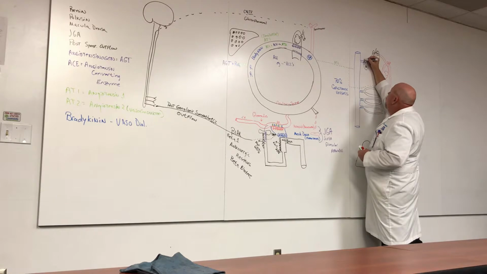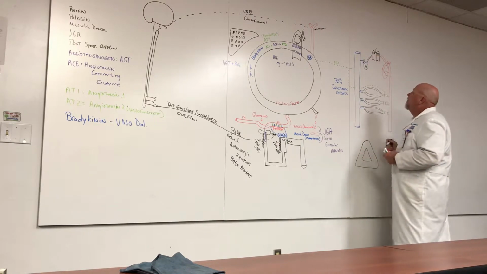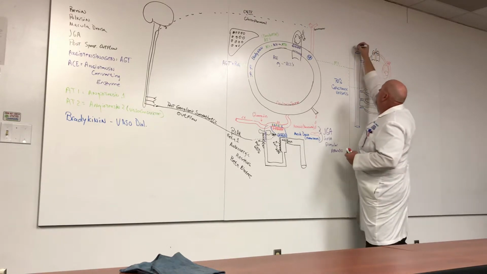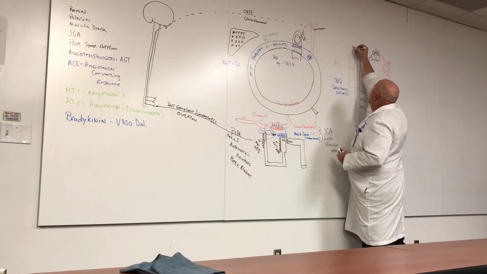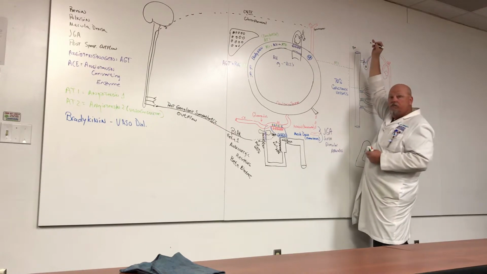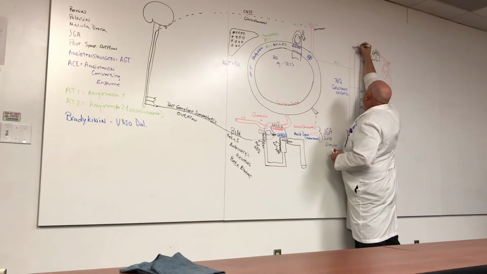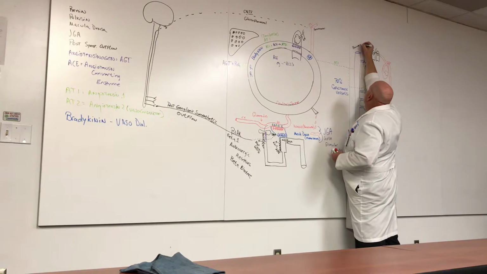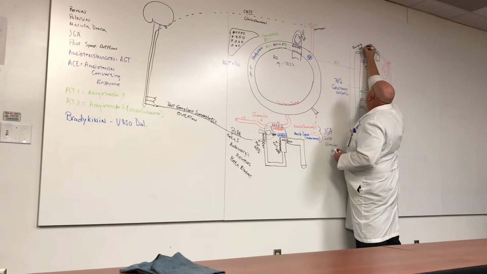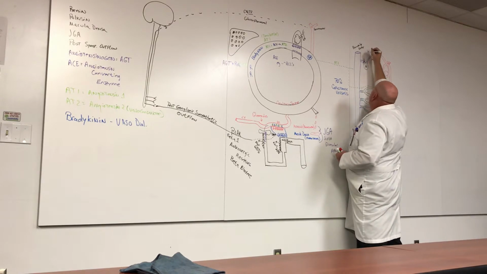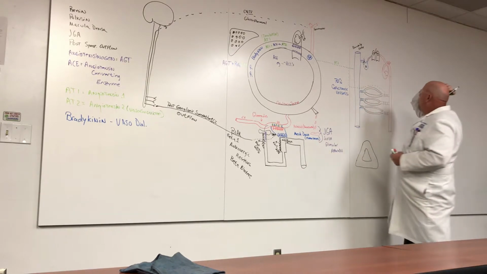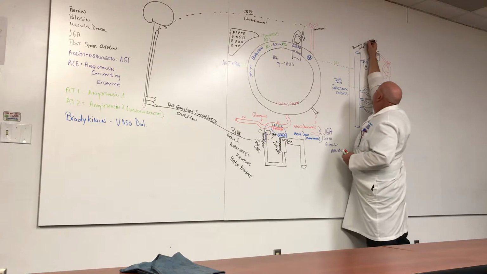The right atrium, with increased blood flow back into it, will have what happen? The Bainbridge reflex. The Bainbridge reflex causes increased heart rate, right?